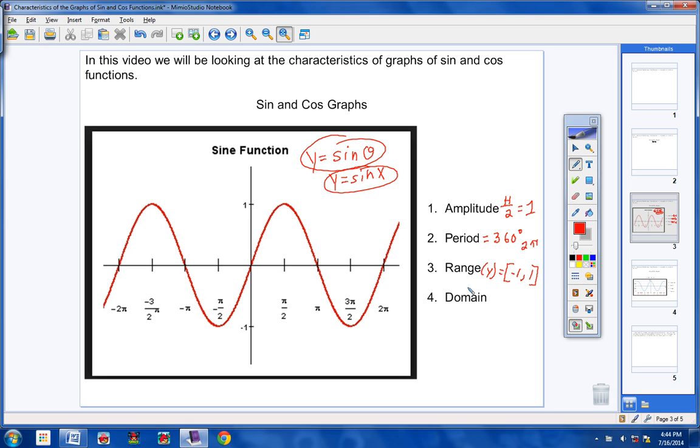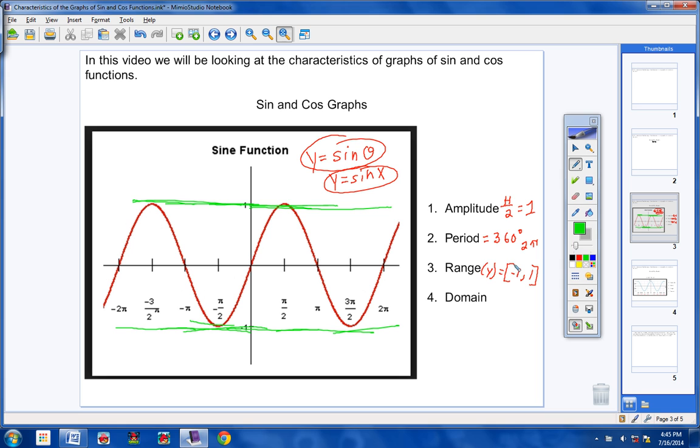Okay? Let me go over this again. The range is how far the graph goes in relationship to the y-axis. So if I go to the highest point on the graph and draw a line, it's going to cross the y-axis at 1. And if I go to the lowest point on the graph and draw a line straight across, it's going to go through the y-axis at -1. So in other words, the range of this graph ranges from -1 up to +1.